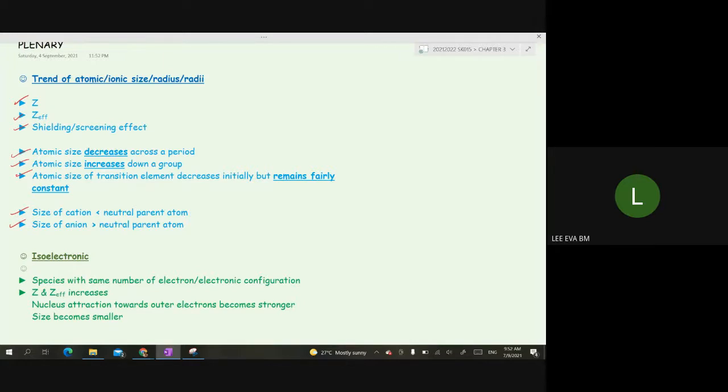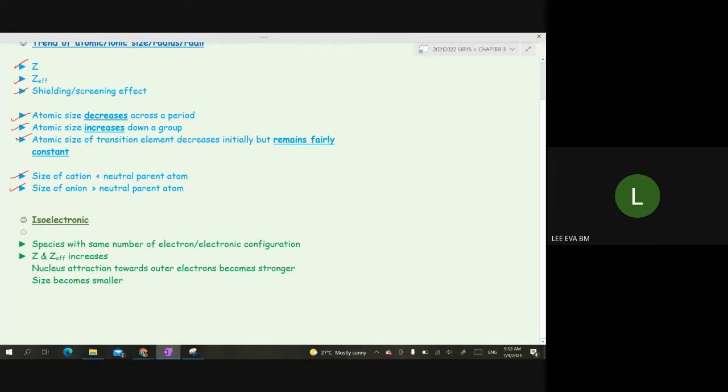Then for the isoelectronic part, you need to understand the definition of isoelectronic. That is species with the same number of electrons. It doesn't matter atom or ion. Atom can, ion also can, as long as they have the same number of electrons. Ingat yang species dekat sini refer kepada atom ataupun ion.